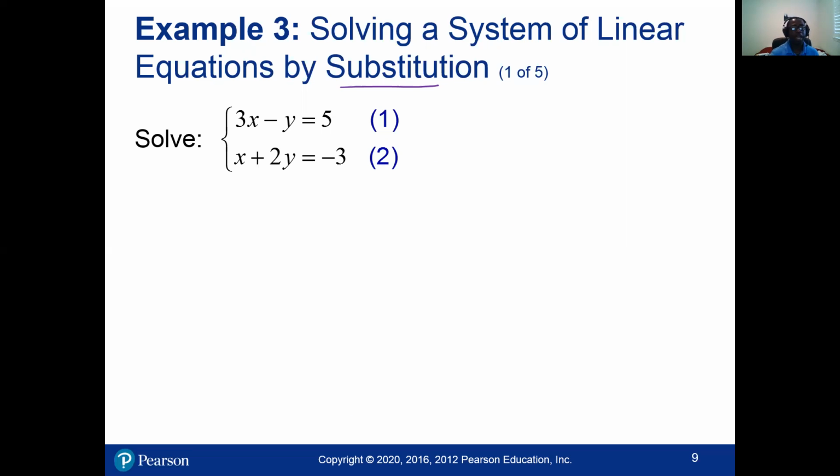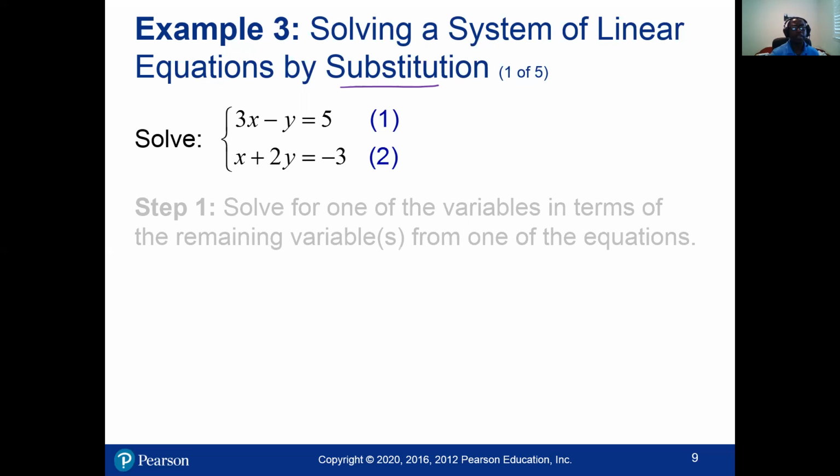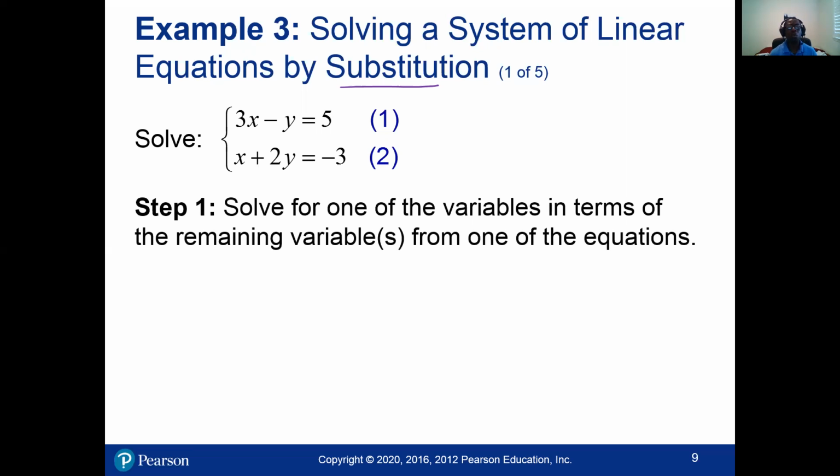Now, if you have this system, step 1 says solve for one of the variables in terms of the remaining variables. There are 2 variables here. I look at equations 1 and 2. I don't want to have fractions or decimals, so I want to pick a variable so that the equation I get will not involve fractions.